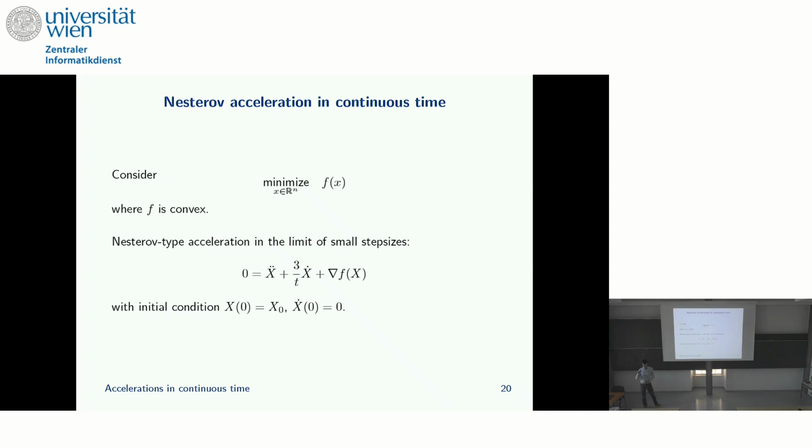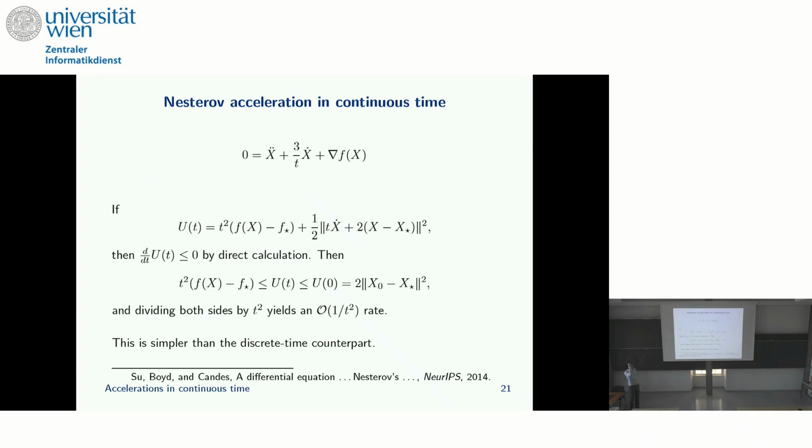So the particle is within a potential given by the function f, and the gradient of the function is the force exerted by the potential. Furthermore, the particle exhibits friction, and the friction coefficient is time dependent. So 3/t, that's the friction coefficient. Now having a time dependent friction coefficient might seem a little bit non-physical, but we're in math, so it's fine.